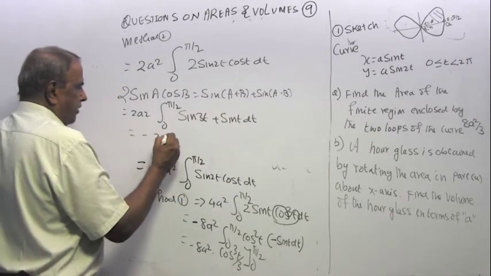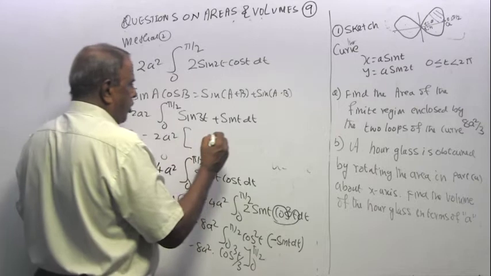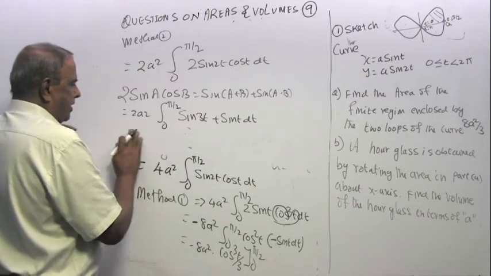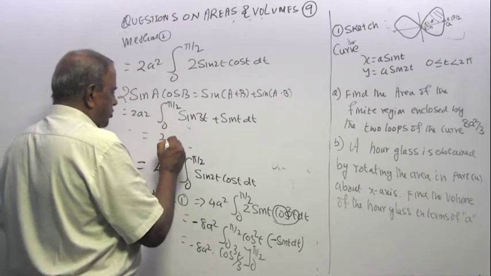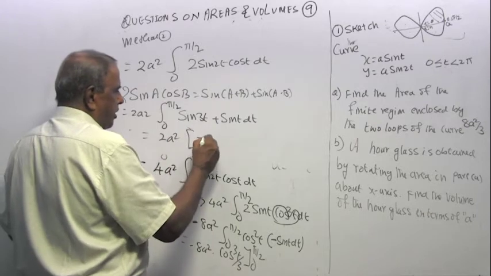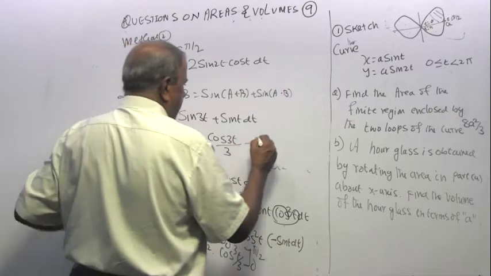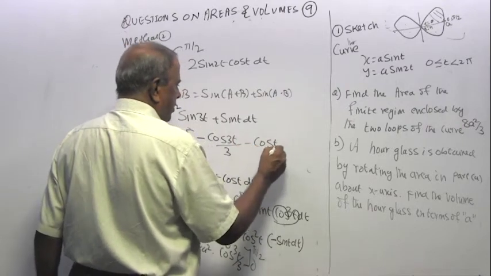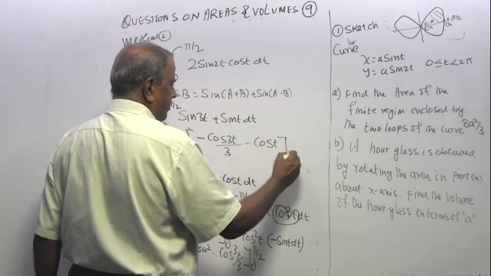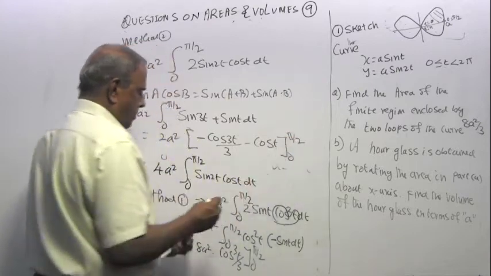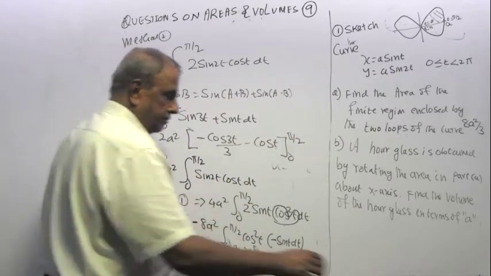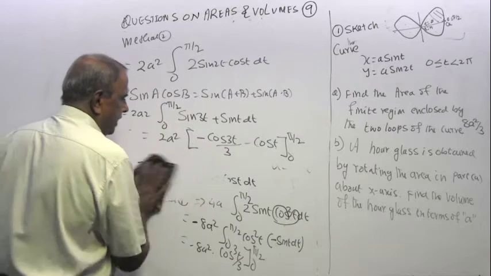So that is minus 2a squared times, okay, sorry, let's do it. I don't want to jump the gun. So 2a squared times minus cos 3t over 3 minus cos t between the limits 0 and pi over 2. Okay, let's now put in the limits.